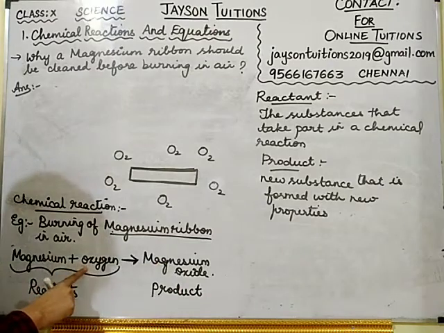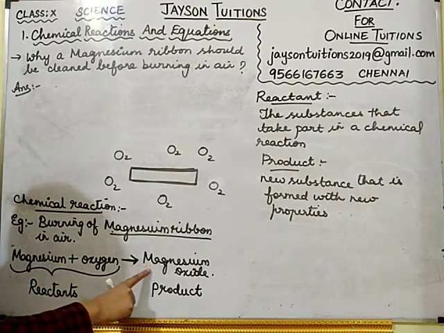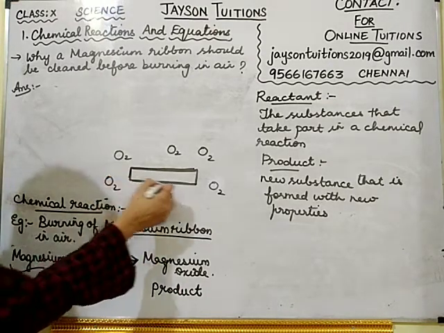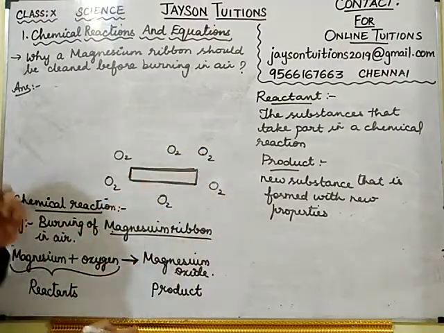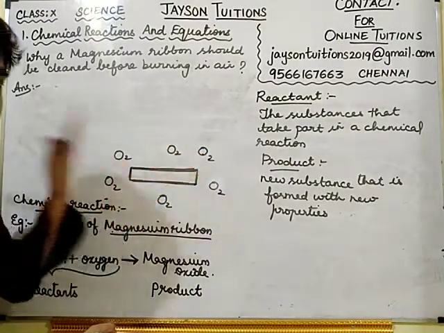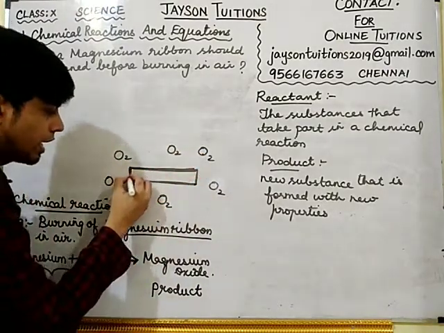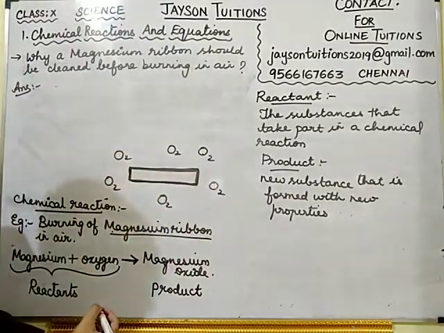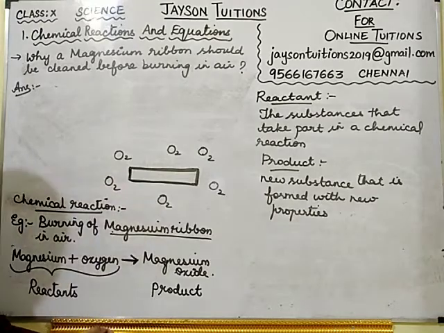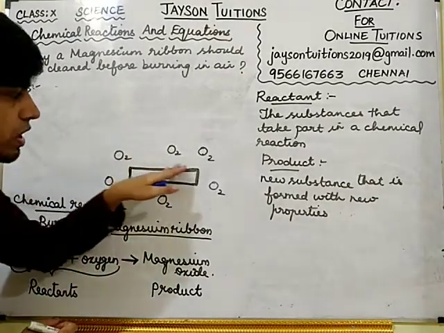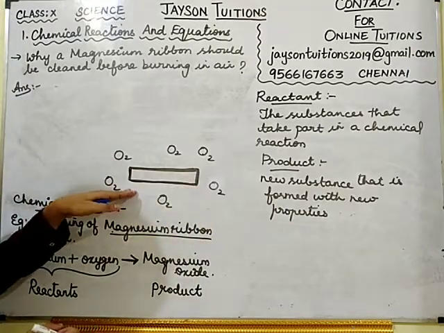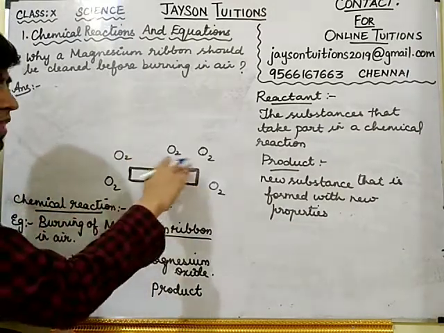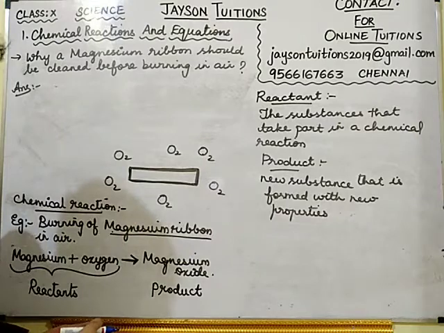What you will get when magnesium reacts with oxygen? You will get magnesium oxide. So before burning, what should you do? You should remove this magnesium oxide layer. So always rub the magnesium ribbon with sandpaper before you burn it.